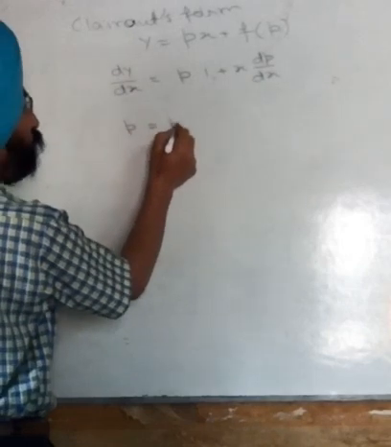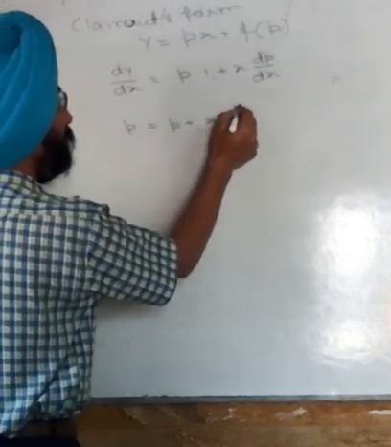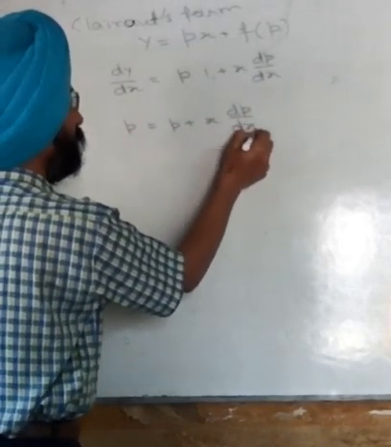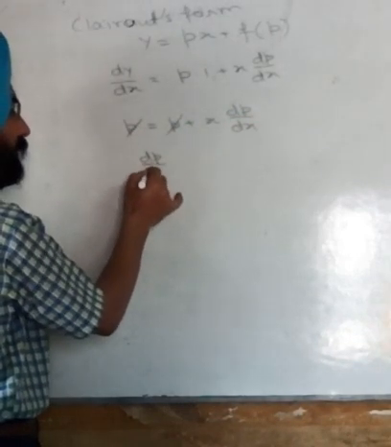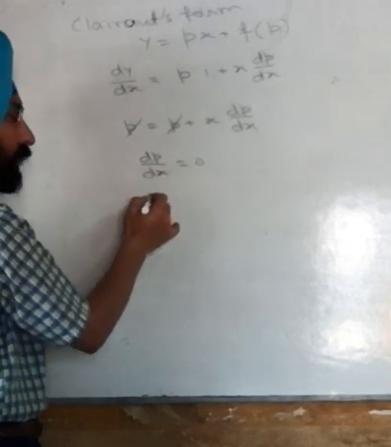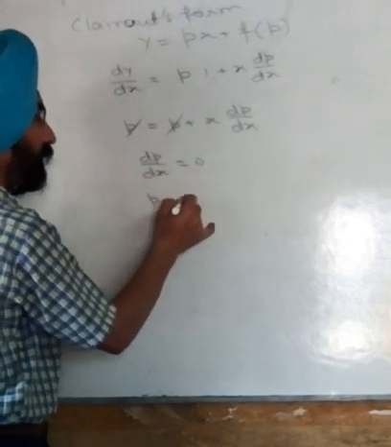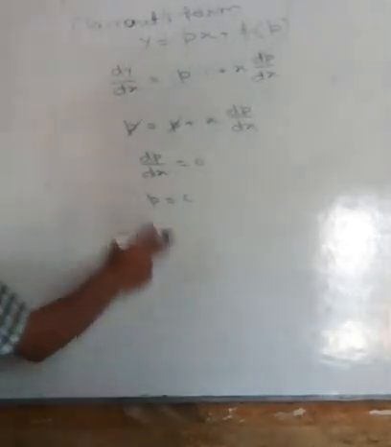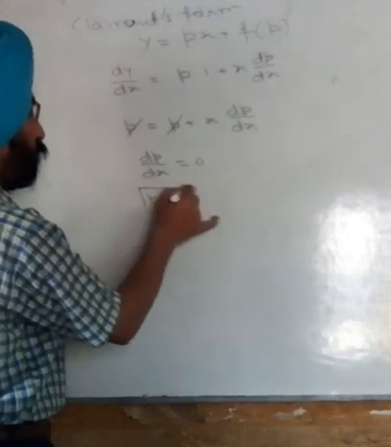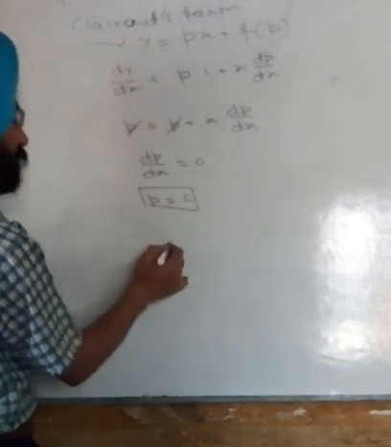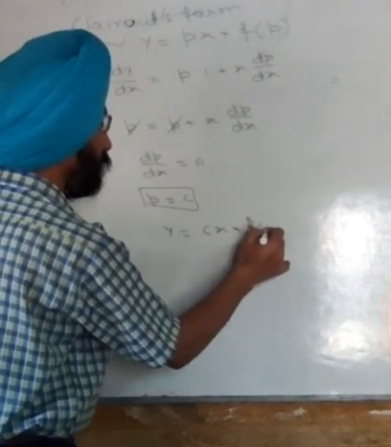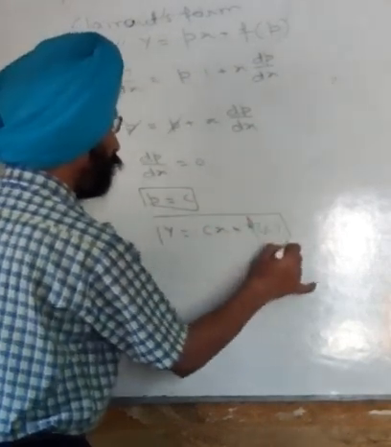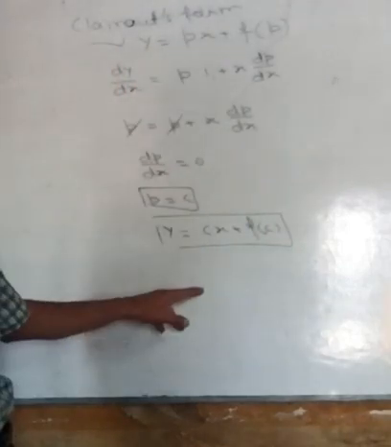So p is equal to p plus x dp by dx. P will be cancelled. You will get dp by dx is equal to 0. Integrating, you will get p to be a constant. And just substitute this value of p as a constant in the given differential equation. y is equal to cx plus some function of c will be the solution of this differential equation.